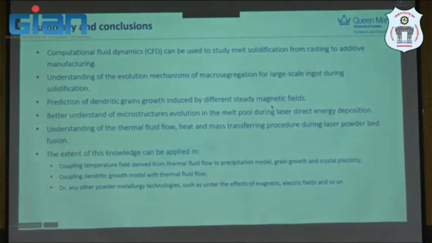Furthermore, the microstructure is predicted in our additive manufacturing process. Finally, I think our model can be used to predict precipitation and something like crystal plasticity, and so on.